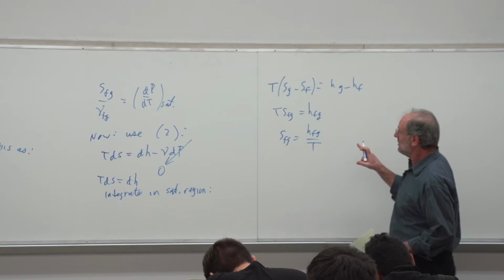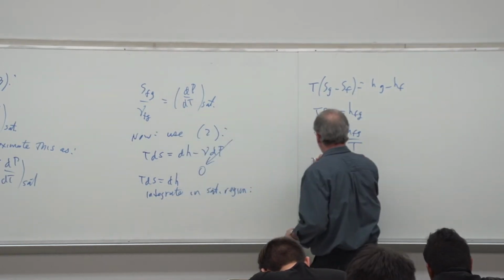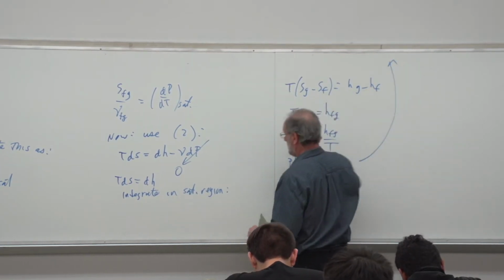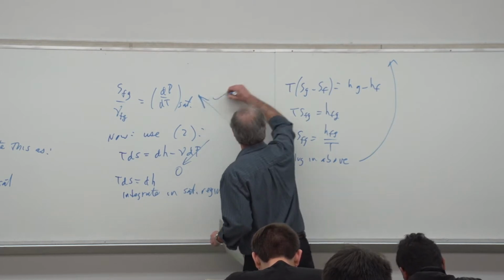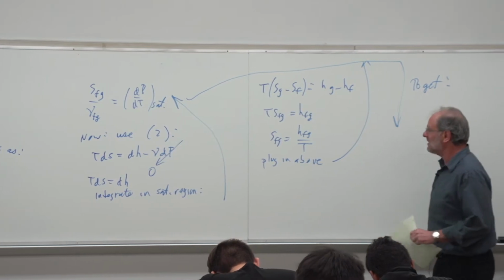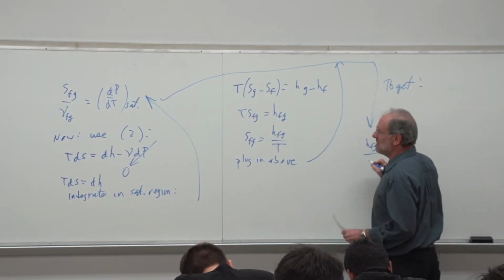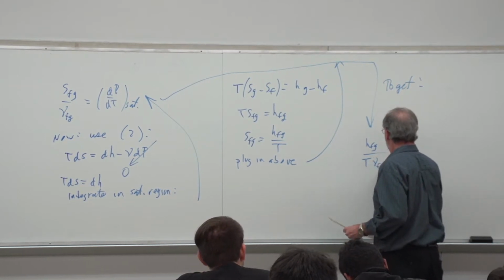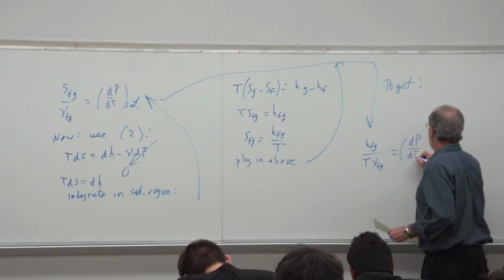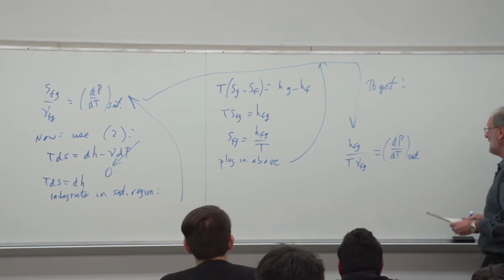And now we can plug this back into the equation above, in order to get the following. Instead of Sfg, of course, we have Hfg over T. Then we have our Vfg, and this equals dP dT in the saturation region.